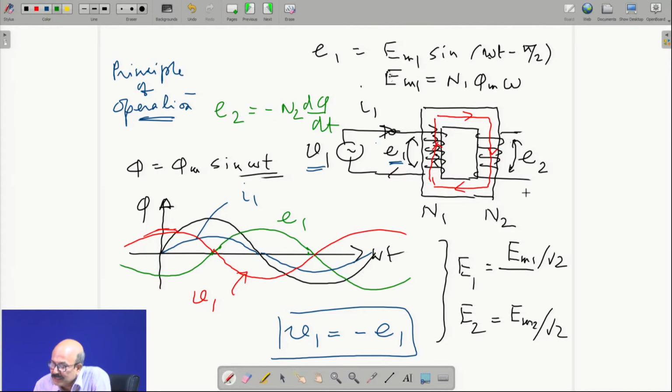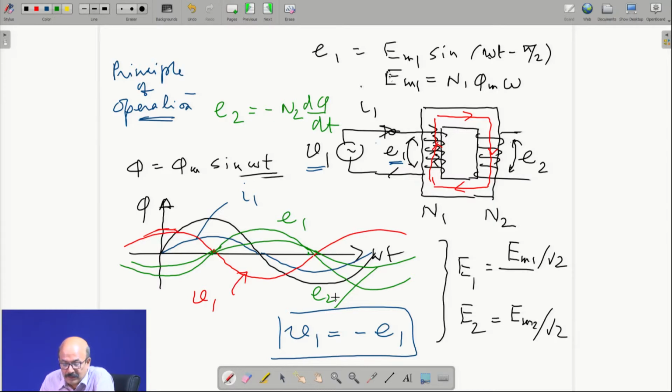Depending on whether N2 is more than N1 or less than N1, E2 will be different. If I assume a step down transformer, E2 will be less. So, you can assume that this will be your E2, something like that. Perfect.